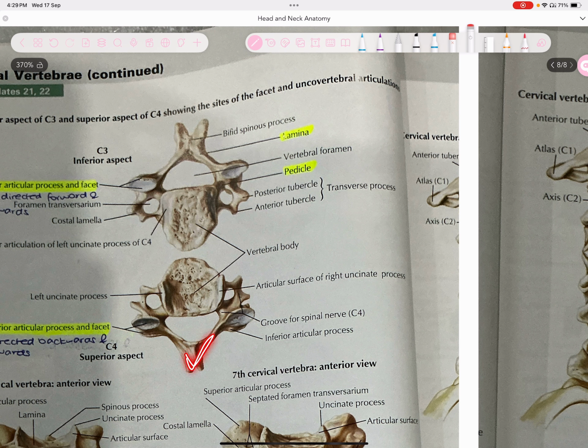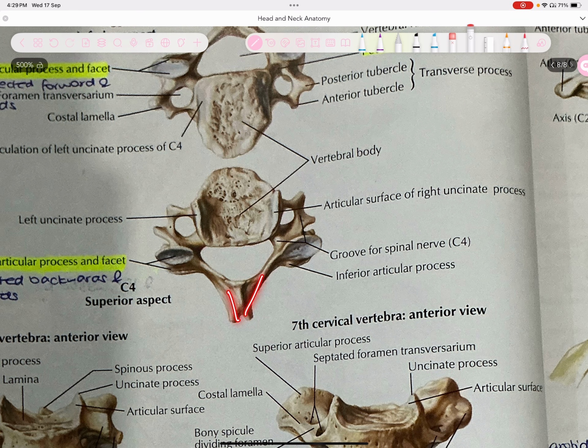And actually, in the atlas and the axis, you do not have the body and the spinous process. So this is the spinous process. This gives origin to the deep muscles of the back, including interspinales, semispinalis thoracis and cervicis, spinalis cervicis, and multifidus.